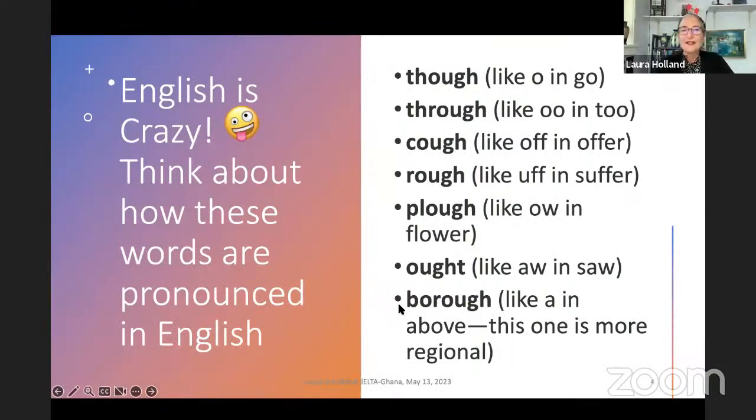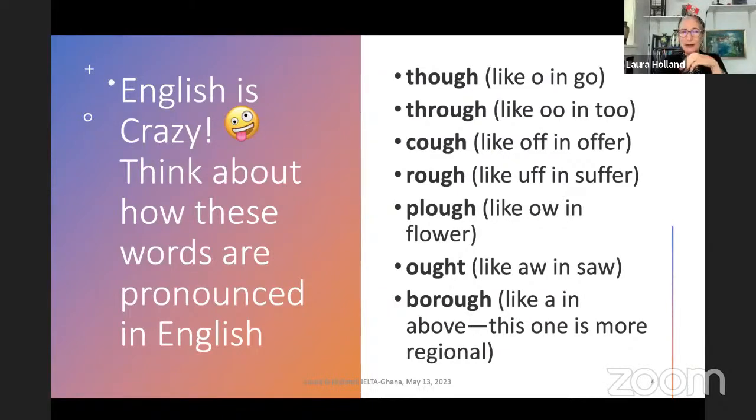All right. So, though, through, cough, rough, plow, ought, borough, right? All of these words end in O-U-G-H, but we have the O-U-G-H as O as in go, U as in through or to, off as in offer, uff as in suffer, ow as in flower, aw as in saw, and like an uh in above.